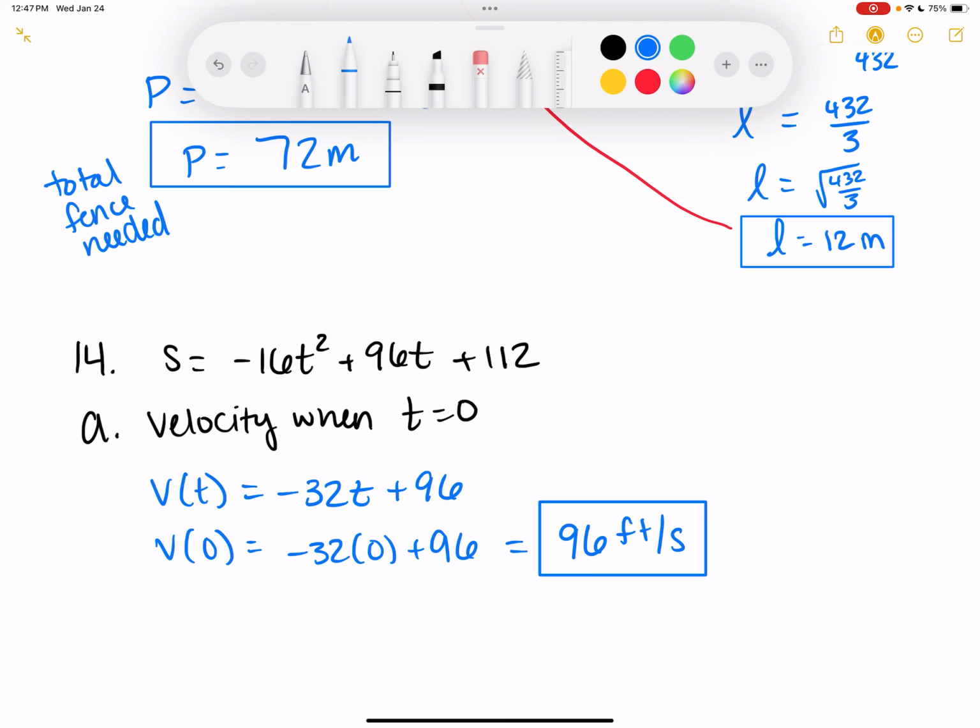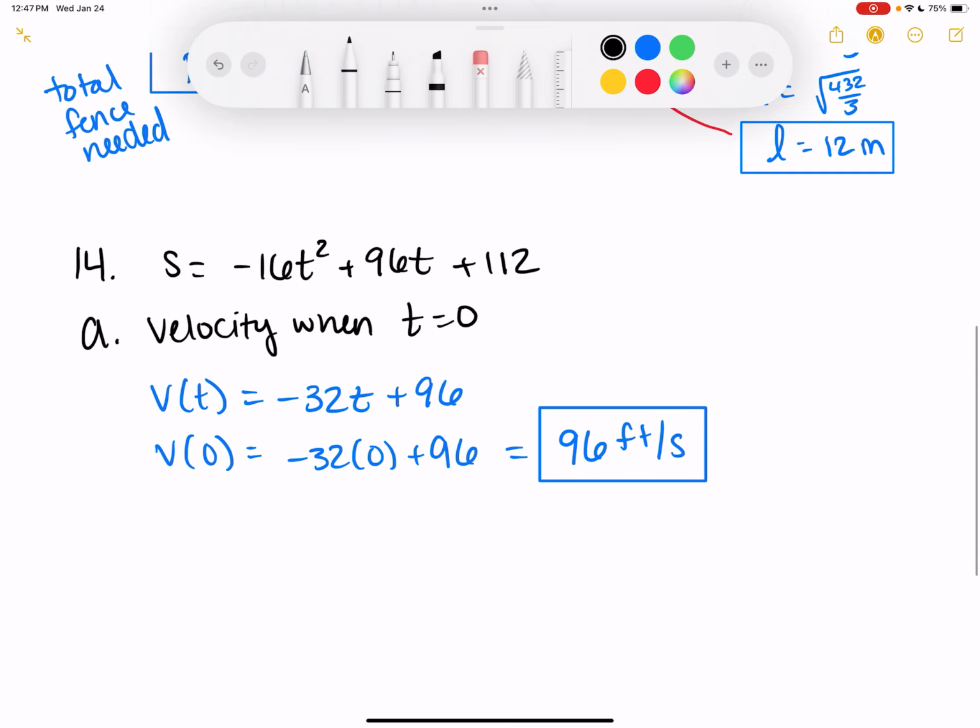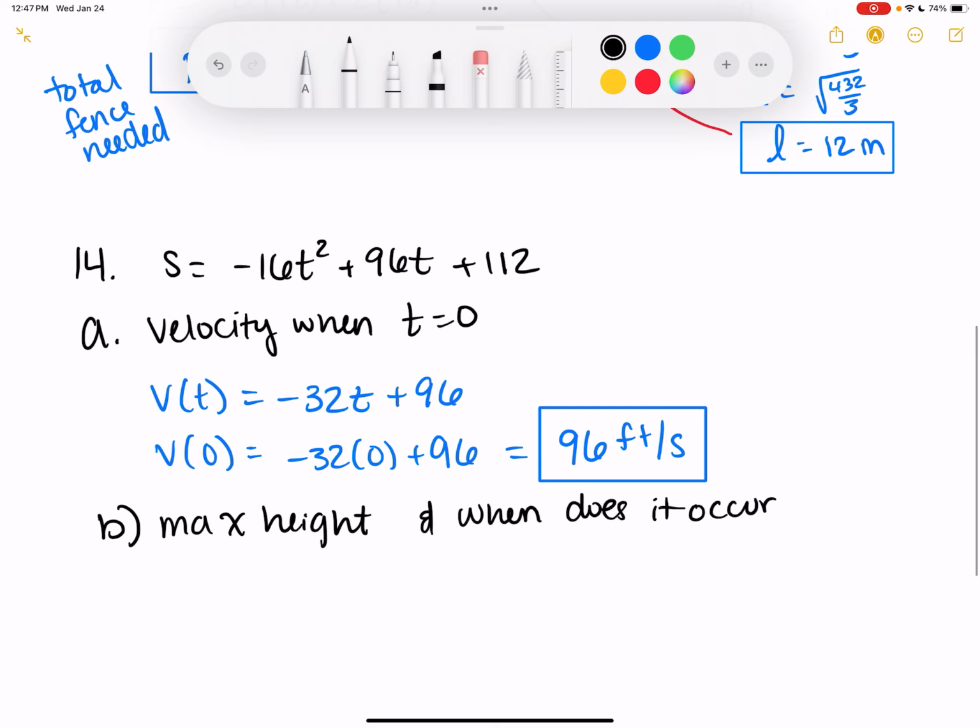Part B, if we're trying to find the max height and when does it occur? Now, from physics class, it requires you to know a little bit. At the max height, what do we know is true?